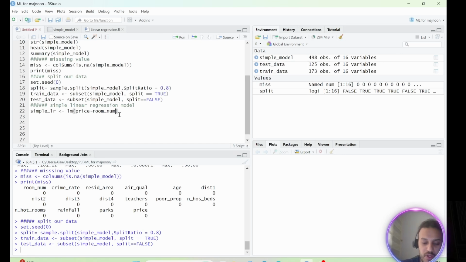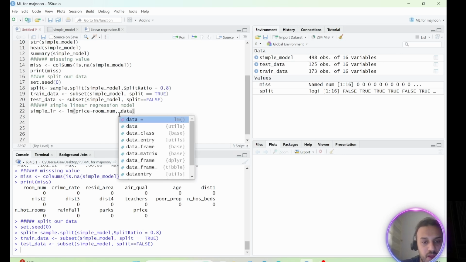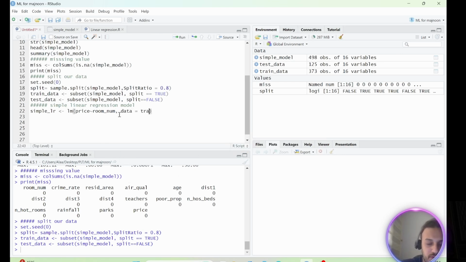So give it the data equal to train_data. That's why we separated our data.